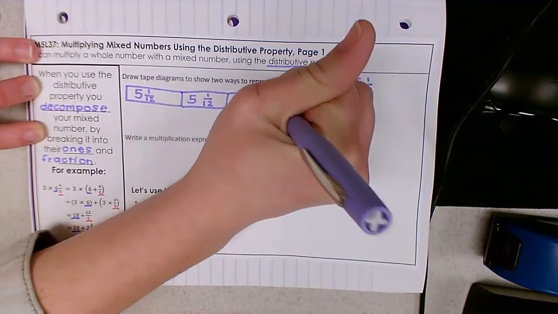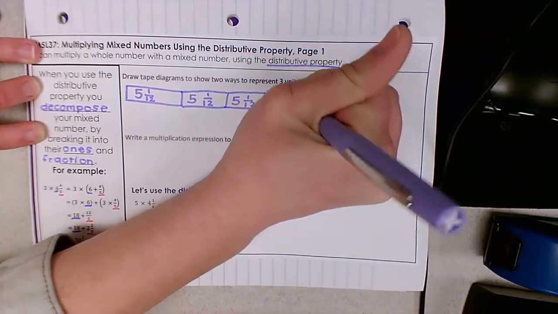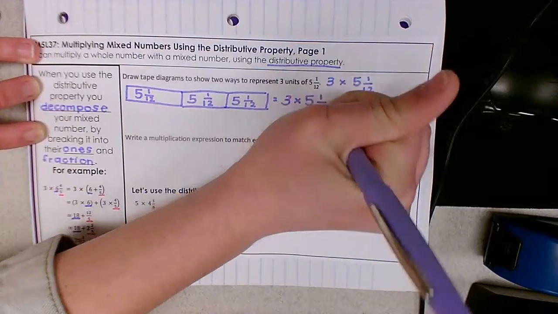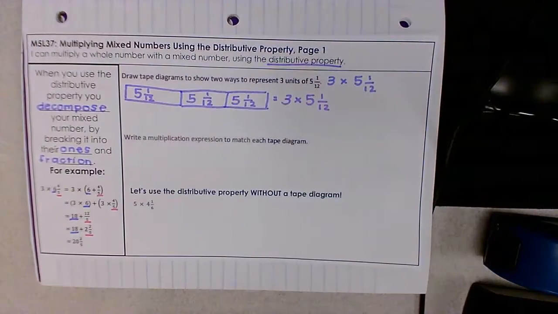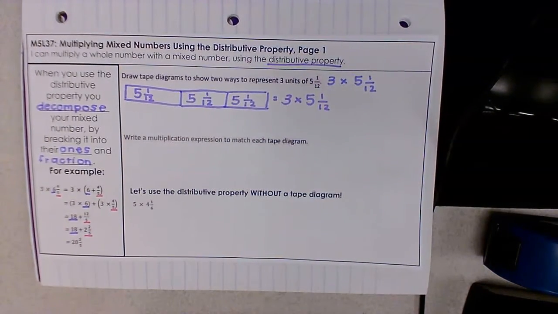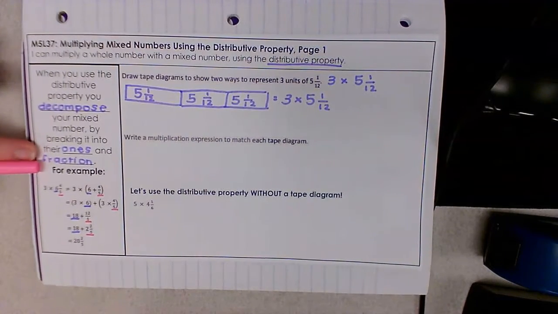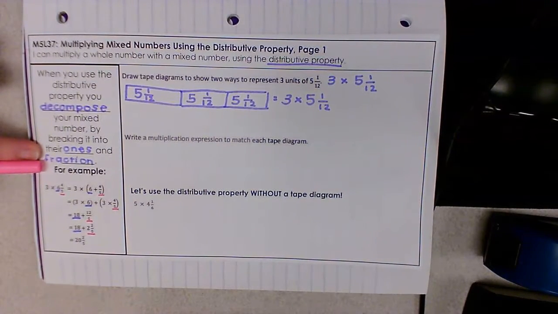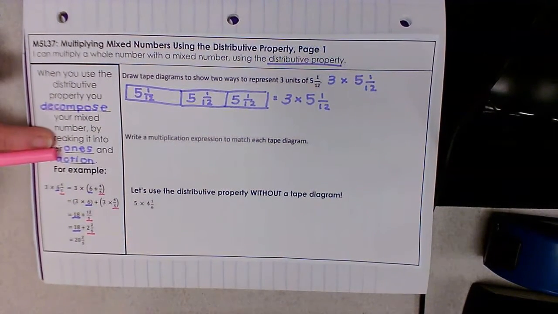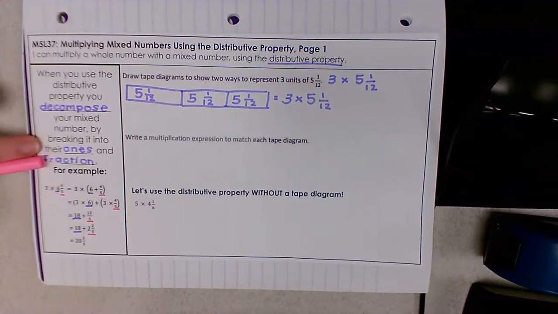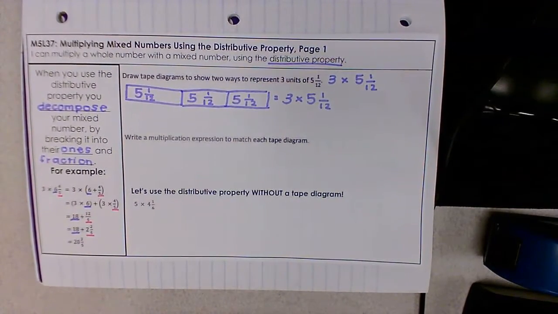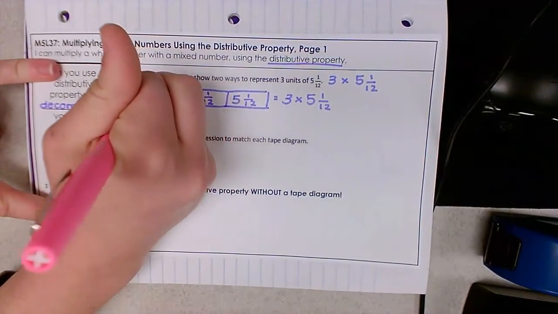And that equals 3 groups of 5 and 1/12. But let's use that distributive property to show another way to do that. When we're using the distributive property, we're breaking it down into the ones and the fraction. So we're doing 3 times the ones and 3 times the fraction. So it might look a little bit like this.